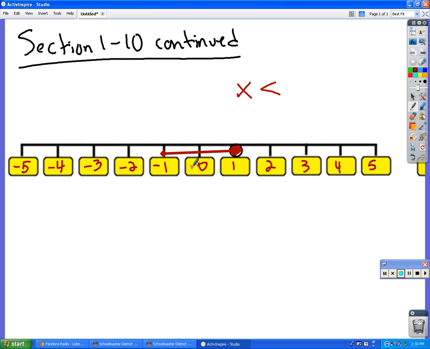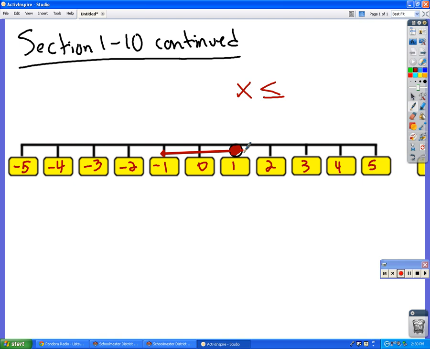Do I need to put the little line underneath or not? Yes, how do you know? Because this is a dot, not an open circle. The dot means it's filled in. See how this little thing is filled in right there?